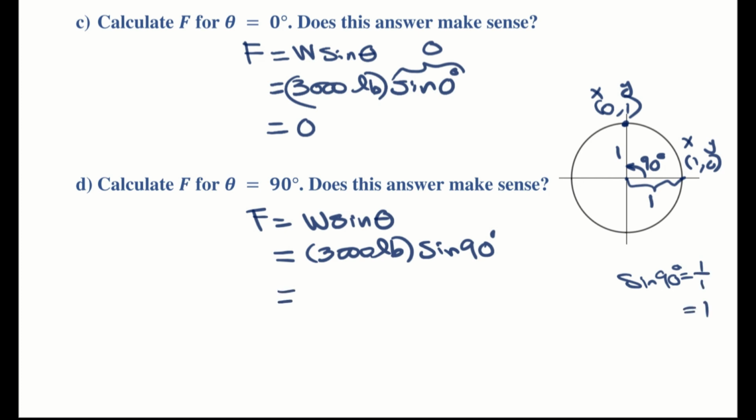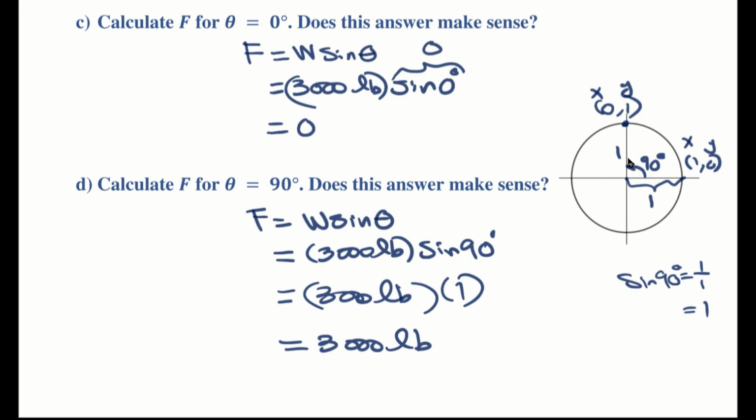So here we get 3,000 pounds times 1, which of course ends up being 3,000 pounds, which again makes complete sense, because if your car is going straight up, the entire weight of the car is going to be pulled down by gravity. All right, so there is that, and now we'll really just do one more example and that'll be it.